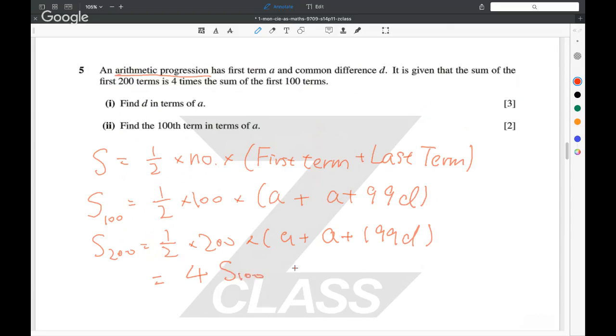From that, you can work out a relation between d and a. That will give you d is equal to 2a. And if d is equal to 2a, then the 100th term will simply be a plus 99d, equals a plus 99 times 2a, equals 199a.